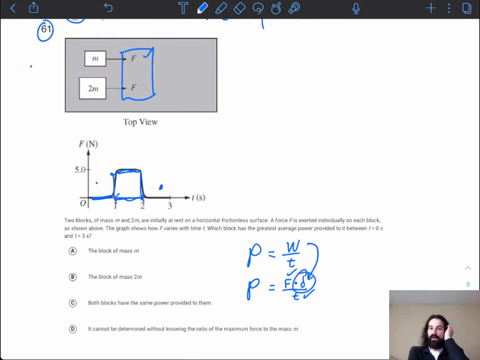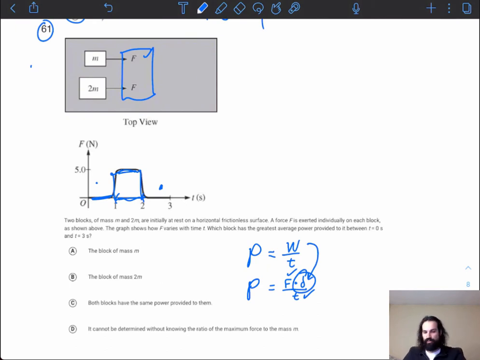So now we need to figure out which one has more distance. And you could reasonably say, oh, same force, same time, same distance, but no. Think about pulling a small object versus a big object with the same force. Which one's going to travel a further distance in 1 second? Think about carrying a heavy box versus a light box. The light box is going to go way further with the same force.